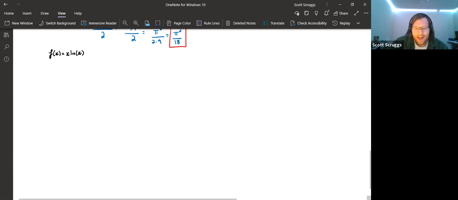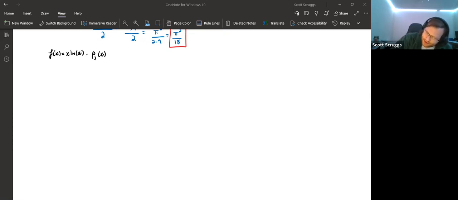And let's say that what I want to do now is use the third order Taylor polynomial, P3 of x, centered at 1 to approximate the function.